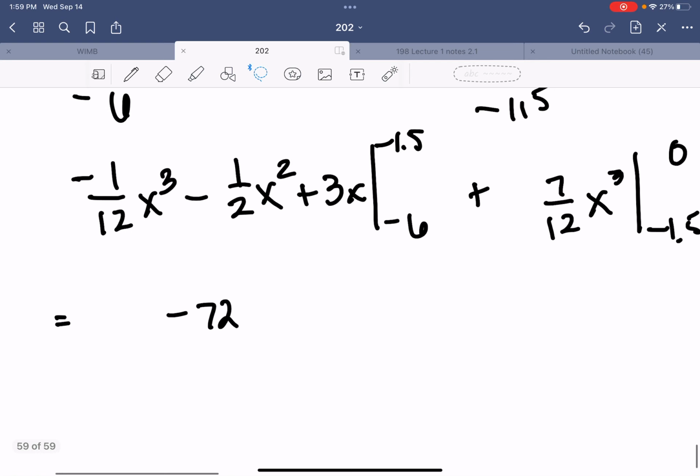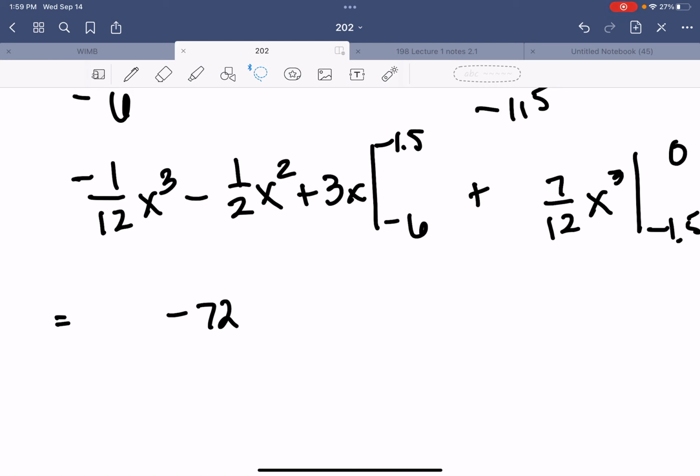When I plug in -1.5, times 1/2 1.5 squared minus plus 3 times -1.5.